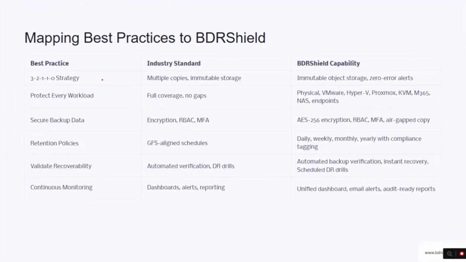Previously the best practice was the 3-2-1 backup policy: 3 copies of your data, on 2 different storage media, with 1 offsite copy. But now it is 3 copies, 2 different storage media, 1 offsite copy, and 1 immutable copy. They also call that a 3-2-1-1-0 copy, with 0 error alerts.